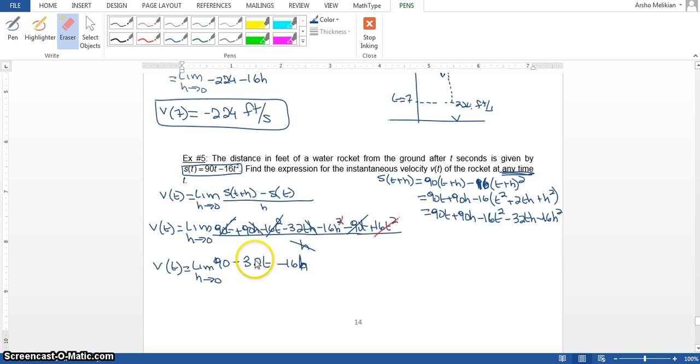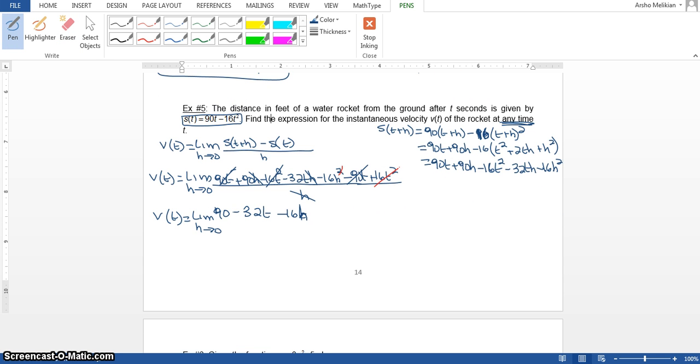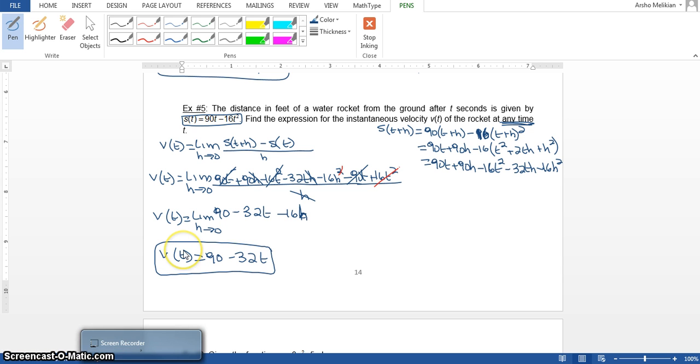We plug in h as 0 at this point. So we get 90 minus 32t. And that's the right answer. Okay? So this is the expression for the instantaneous velocity at any time.